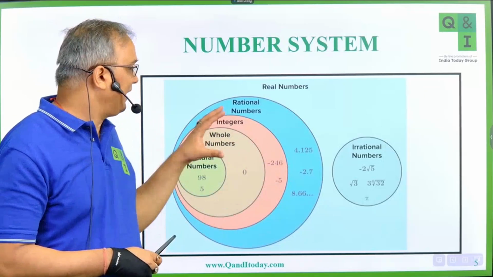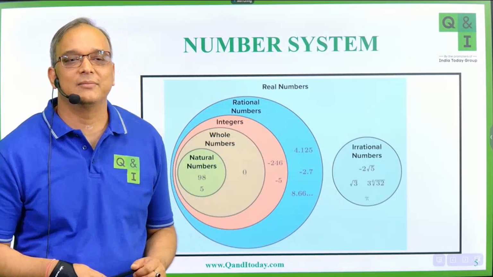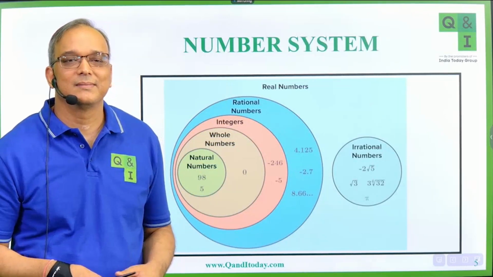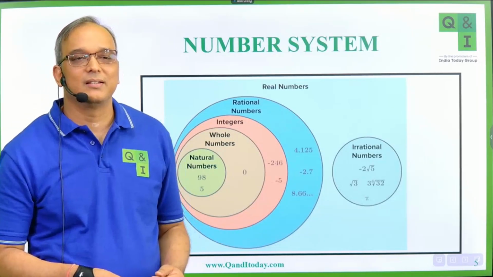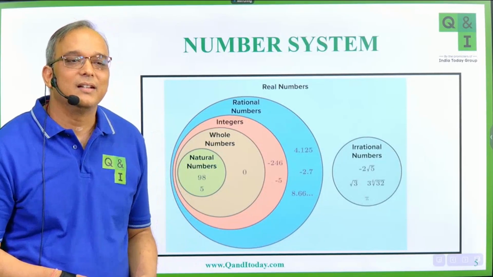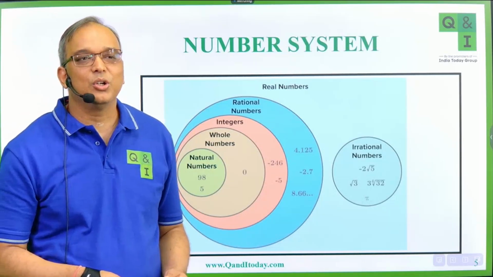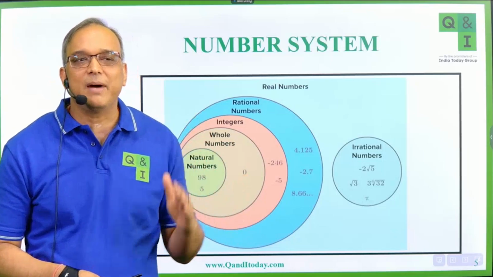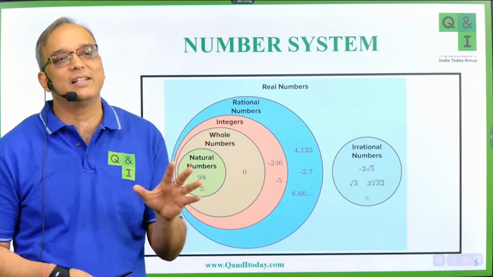And then a set bigger than that is rational numbers. What are rational numbers? Fractions and numbers between the whole numbers, or the number P upon Q, in positive and negative. All numbers which can be represented in the form P by Q, where P and Q are integers, so they can be positive as well as negative.